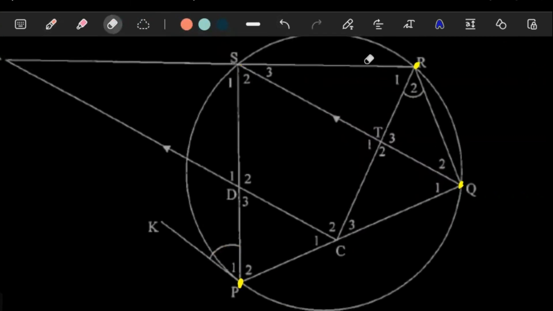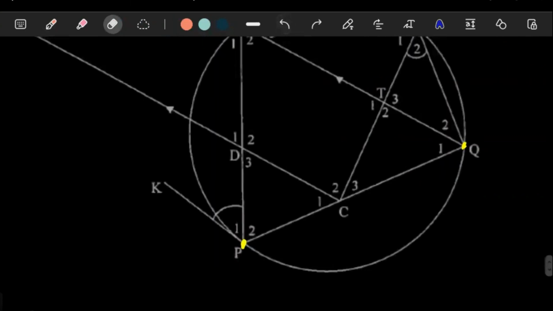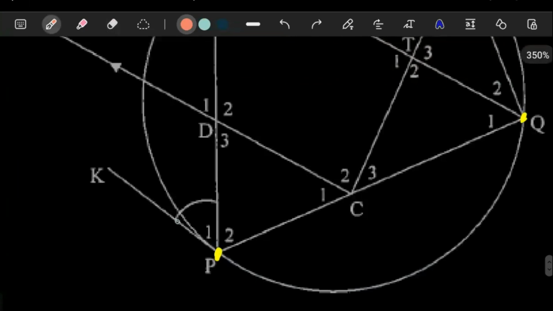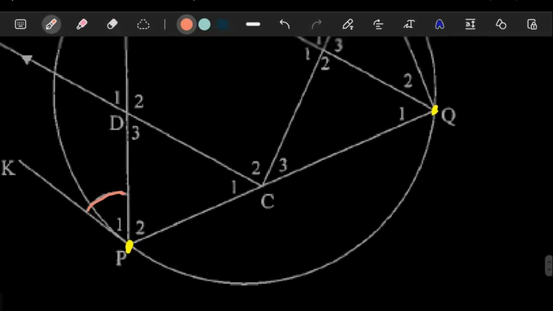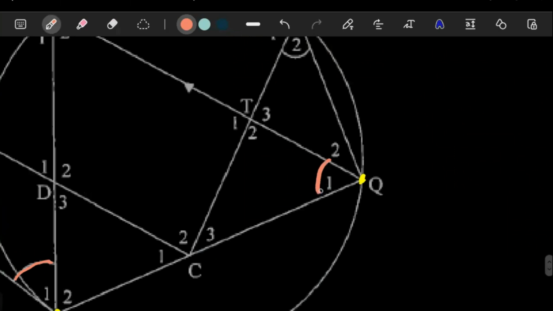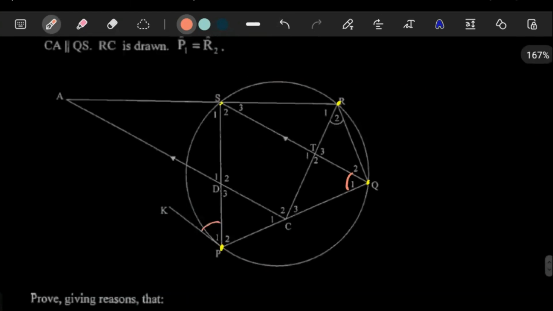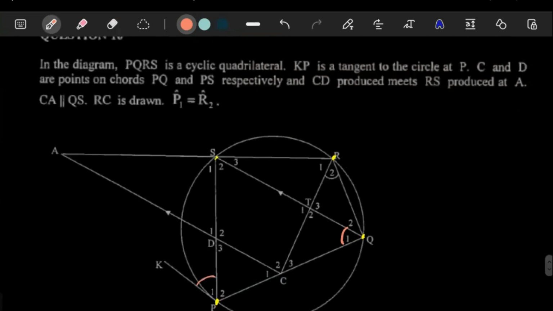Anyways, while you're filling in information, if you see that your sketch is looking like this, it seems like there's a lot going on, and it's going to be easy for us to randomly put a lot of useless information on our sketch. But anyways, this is the tan chord theorem, and then they say we have a cyclic quadrilateral here, so we should think of the laws of a cyclic quadrilateral and all that.